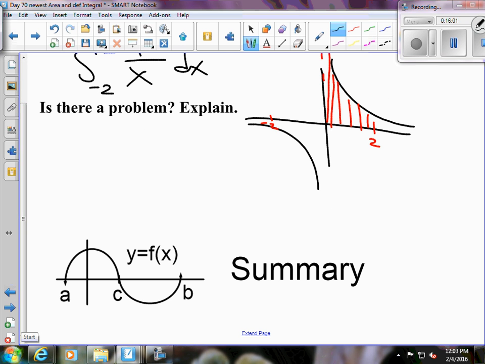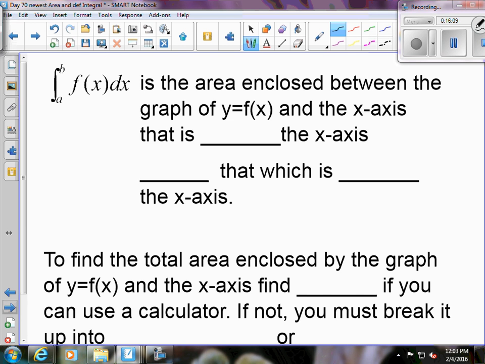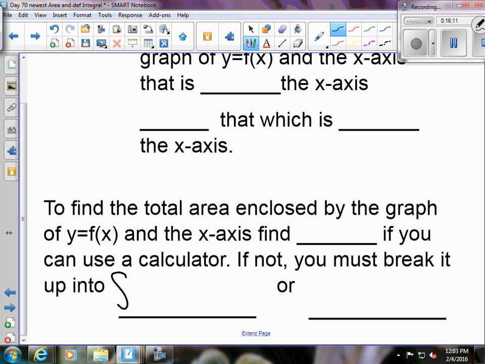If you want the total enclosed area, you can take the definite integral from A to C where it's positive, all right? That'll get you the area of the first region. And what could you do to get the second region? Because there's two different ways to do it.